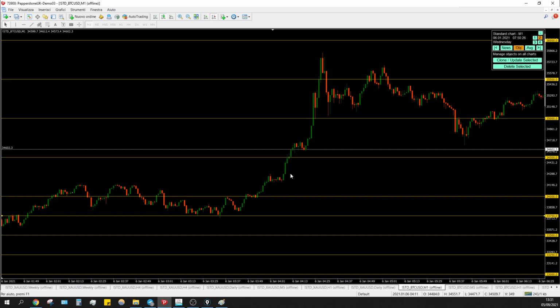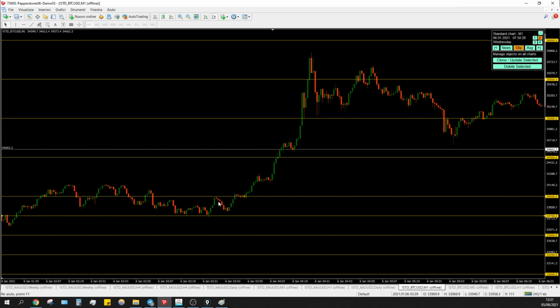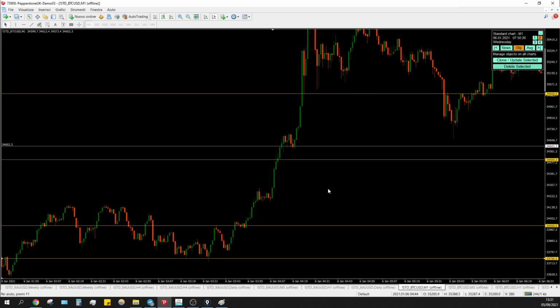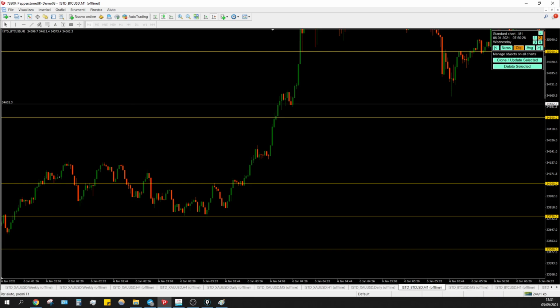Look here. Look here. This is absolutely crazy. Rejection was bearish, flip bullish. PPL reaction, failed to break below. Break and retest. Continuation up.